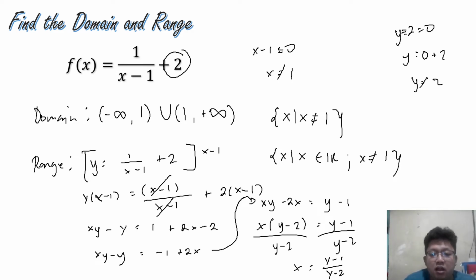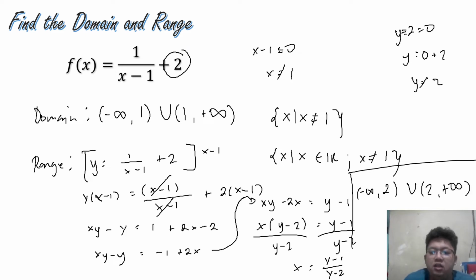Therefore, y is not 2. I will use interval notation again: negative infinity to 2, union 2 to positive infinity. So this is how we get the value of y, or the range rather. For the domain, we did the same procedure.